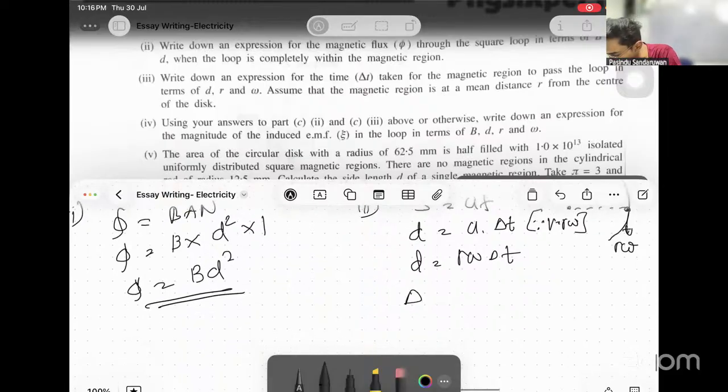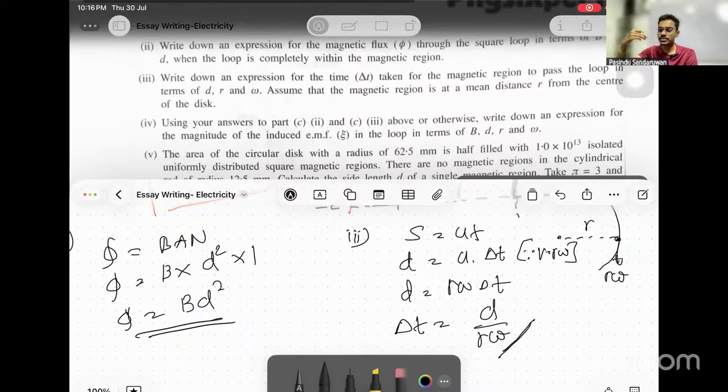Then delta t is given by d over r omega. It is linked to circular motion also. Nice flow, right? Starting from Ohm's law, then normal electricity, equivalent resistance, power calculations, power dissipation, and then electromagnetic induction, and now a touch of circular motion, and so on.